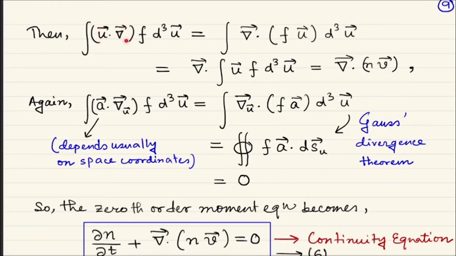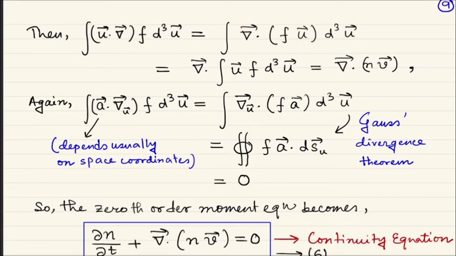So u is independent of this space operator. That's why I can write this as divergence of fu. So u will act as a constant vector in front of this nabla, so it will simply be the integration of divergence of fu d cube u.